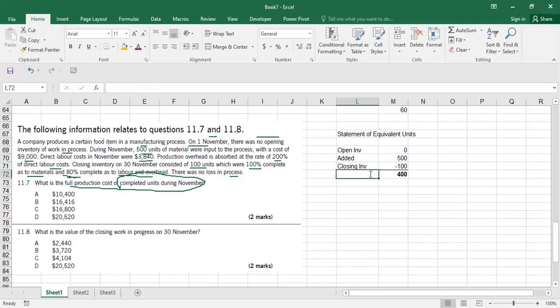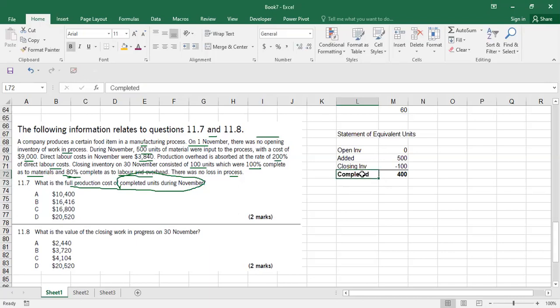So this is what you say completed. Completed is 400 units. No, sorry, work in process, because this is actually closing inventory, 100 units. Closing inventory on 30th November consisted of 100 units. So this is actually completed. I'm sorry, I wrote it correct. So your completed units are 400.